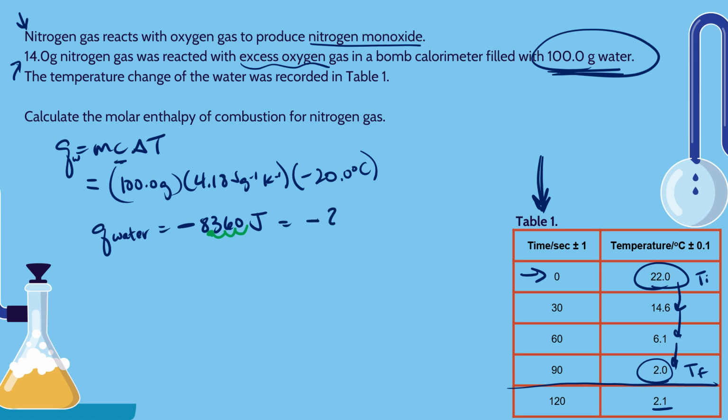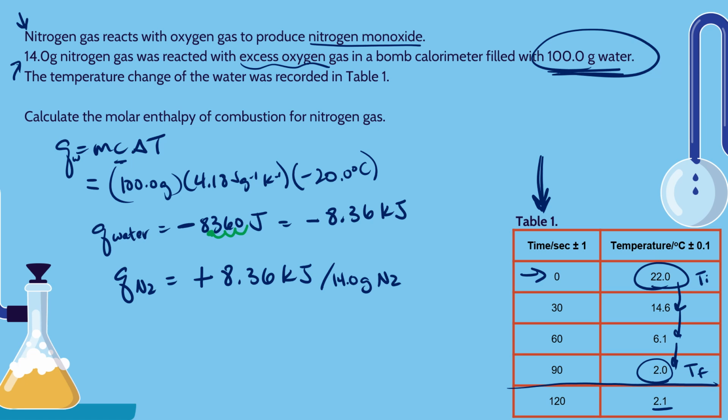So we've got negative 8.36 kilojoules of energy lost by the water. It was lost by the water because it was gained by the nitrogen gas when it reacted with the oxygen gas. So Q of our nitrogen gas is going to be a positive 8.36 kilojoules of energy per 14 grams of nitrogen gas.